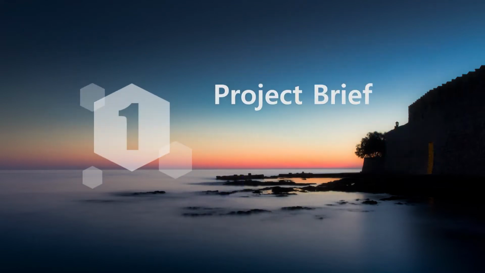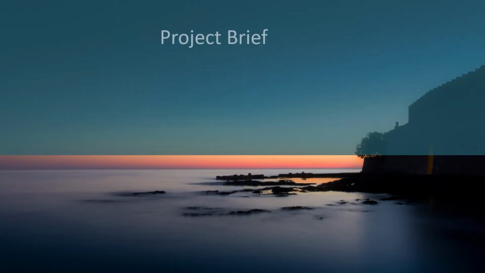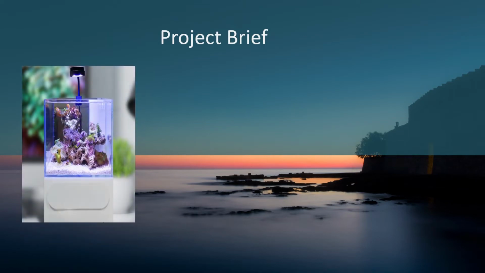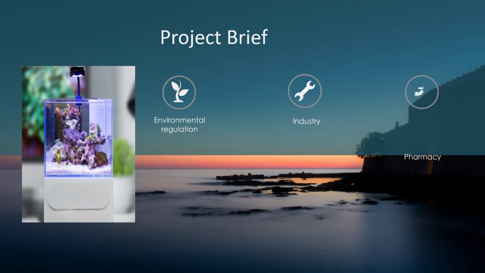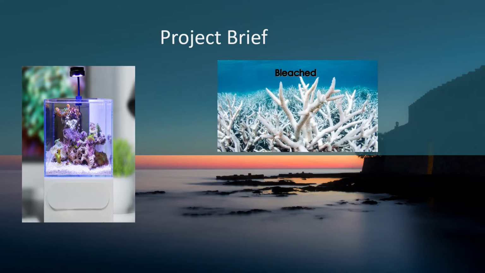The project brief. Our project aims to save the endangered species of coral by using solar-powered portable devices. Coral is known not only for playing an important role in environmental regulation and industry, it also shows its unique and irreplaceable position in pharmacy and retail business.